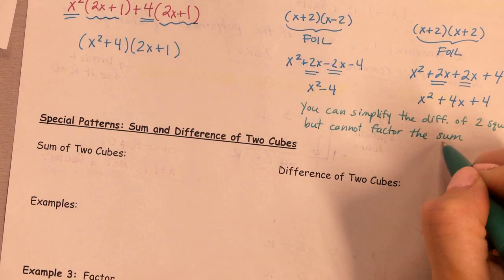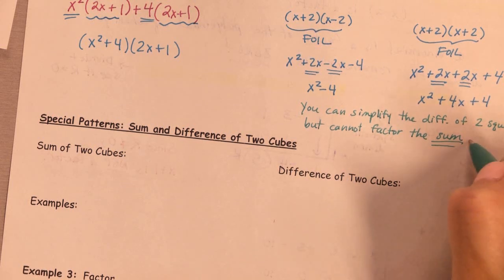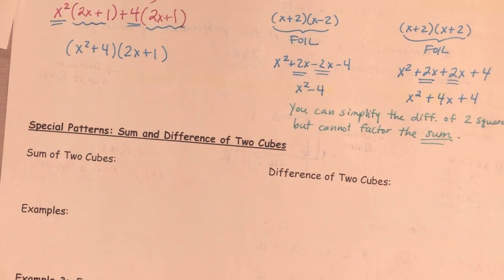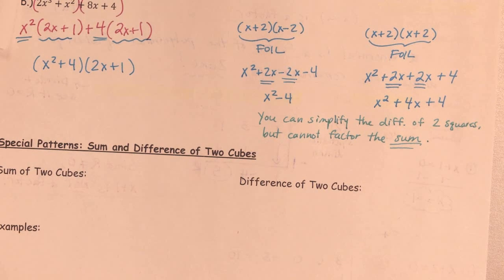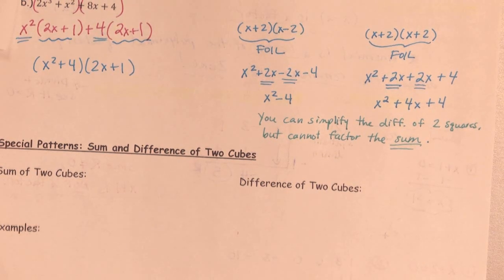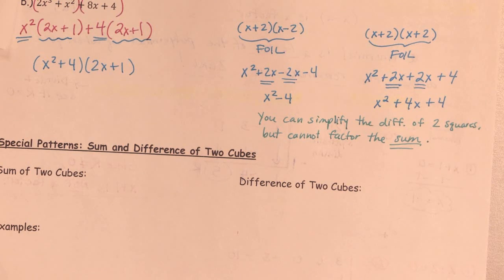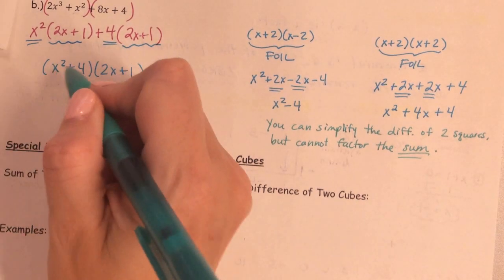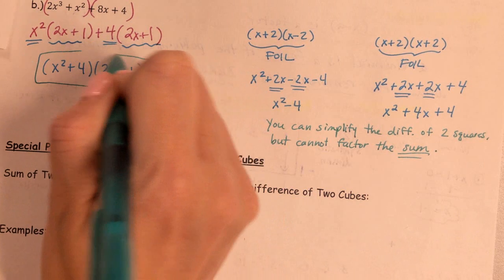Okay, so like I said, this is something that people get confused on sometimes, which is why we're doing that out together. Okay, so if it's the sum of two squares, you can't break that down any further, which means this is going to be your final answer.